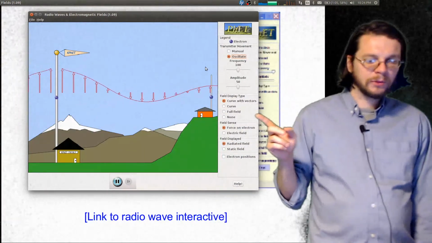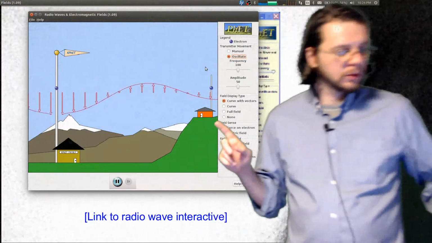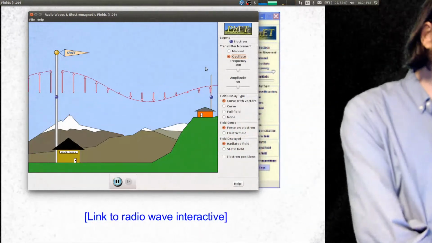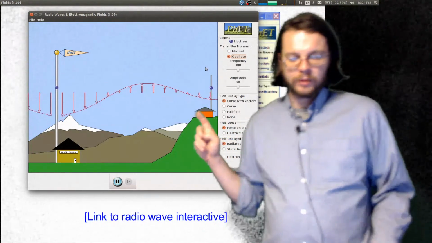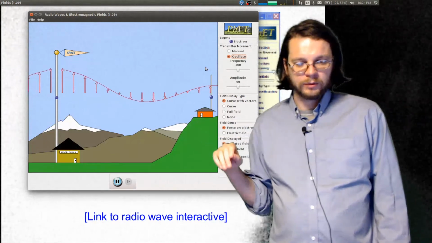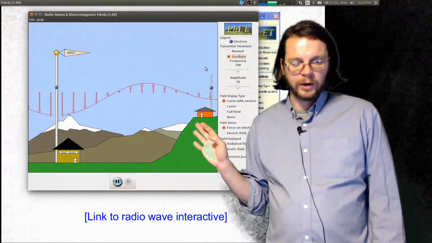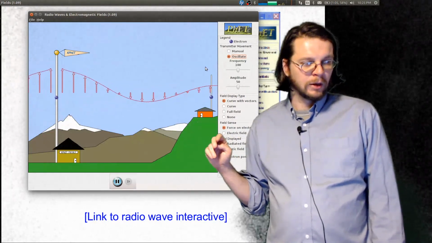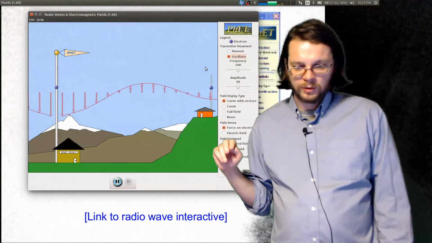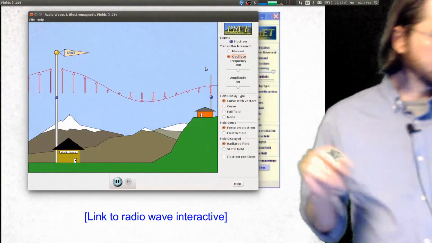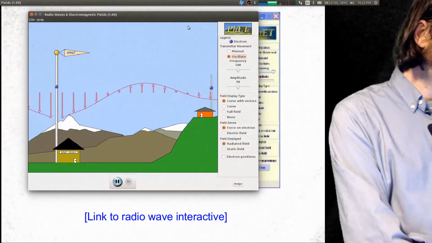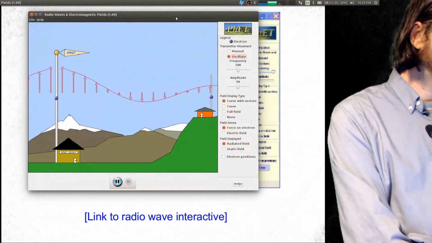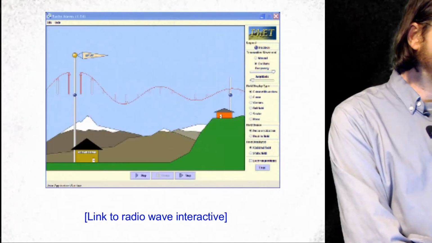So that's one of the things I wanted to talk about today in this lecture. Unfortunately, this is a Java interactive, so it's probably not going to work on most of your computers, but it works on mine. You can see how it works there. So that's how electromagnetic waves propagate.